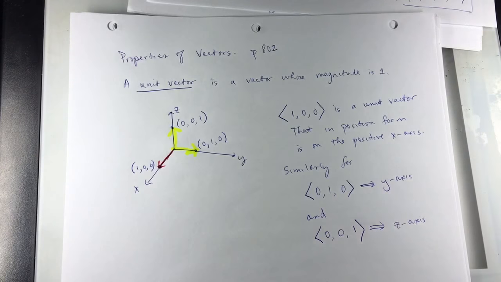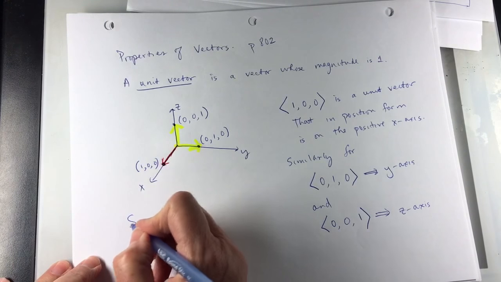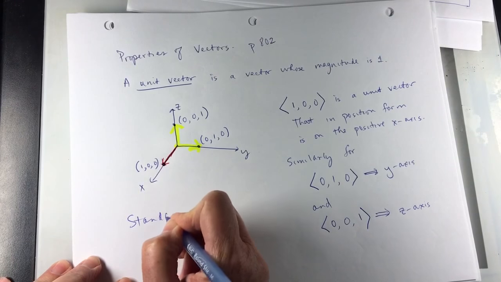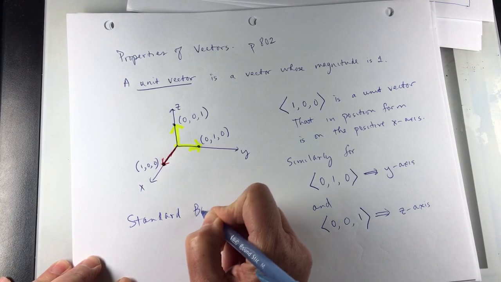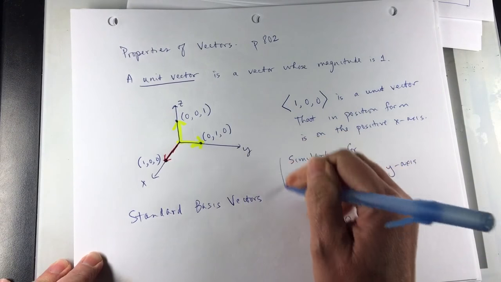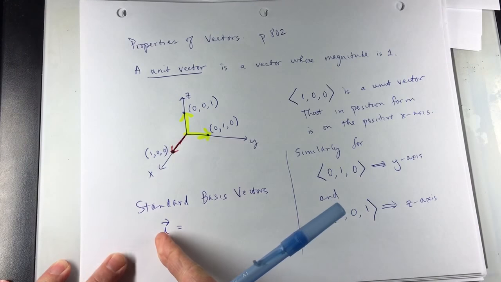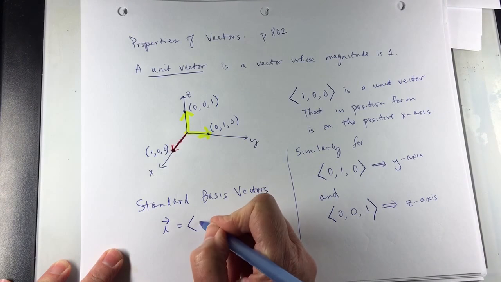Now we give these special names. Have y'all had this in physics? I, J, K. The standard basis vectors. So vector I, and you could use a little hat right there.